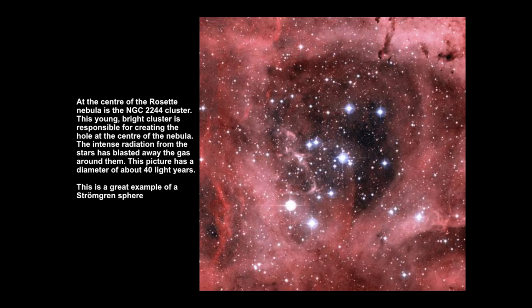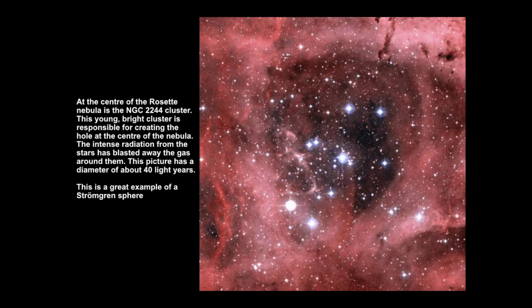All right, so if we look at the central area, what we see is something about 40 light years across, and we see a thing called a Stromgren sphere. A Stromgren sphere is a cavity that's fully ionized, and the hydrogen atoms cannot recombine.